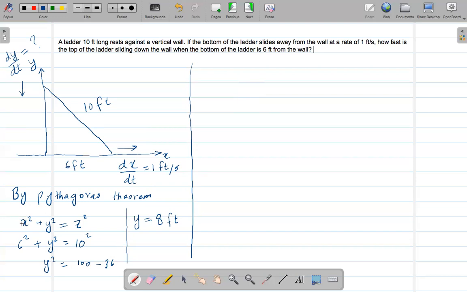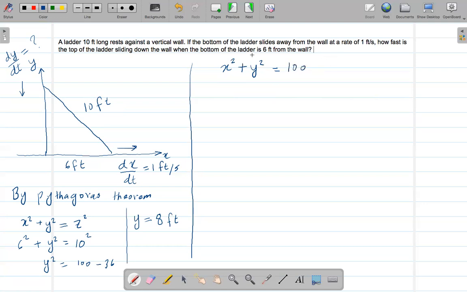Now again, we can take this equation, x squared plus y squared equals, here we can just take the value of z, which is g squared, which is 100, right?